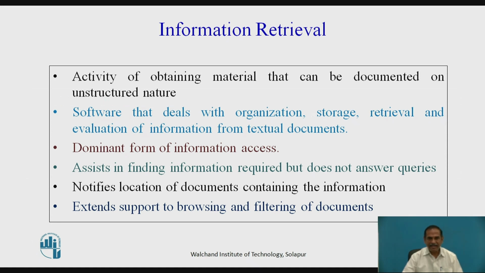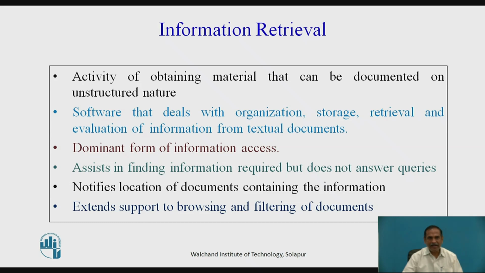Information retrieval is an activity of obtaining material that can be documented on unstructured nature. The software deals with organizing, storing, retrieving and evaluating information from textual documents. It is a dominant form of information access.